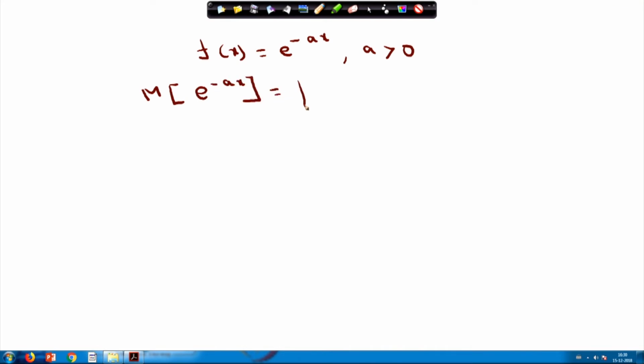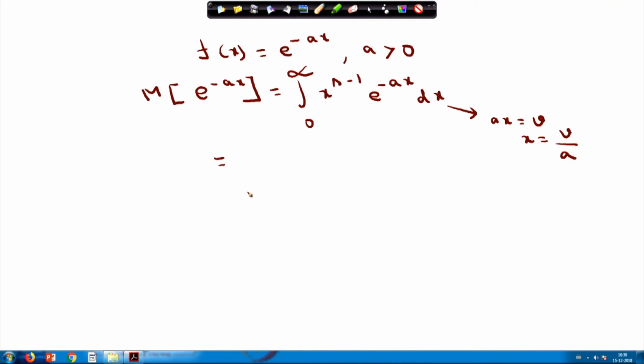From the definition, you can write the integral from 0 to infinity of x to the power s minus 1 into e to the power minus a x dx. On this, put a x equals v, say, I am substituting a x equals v, so that x equals v by a.